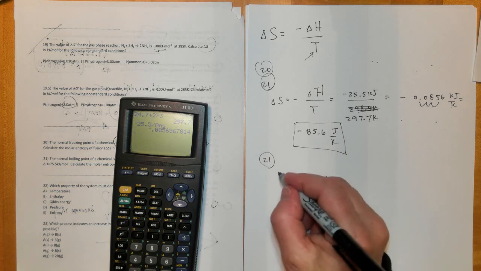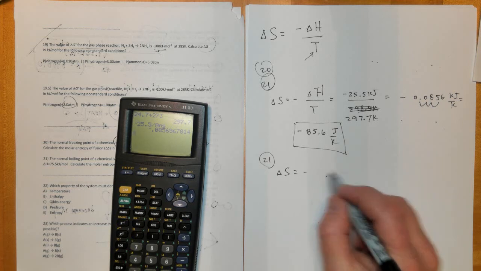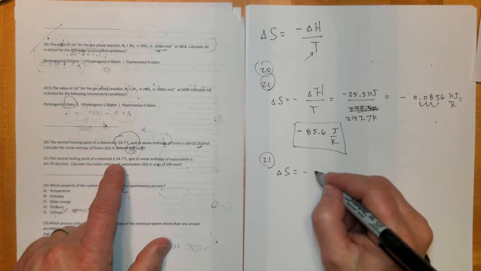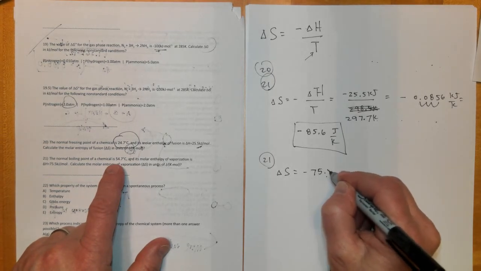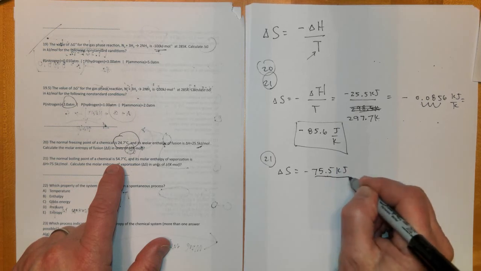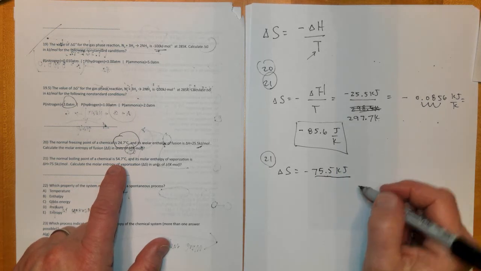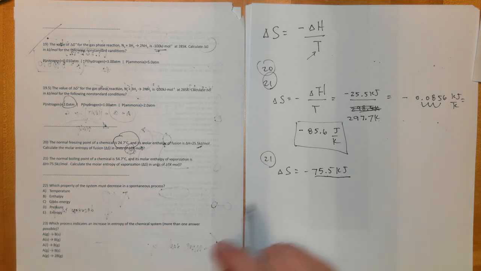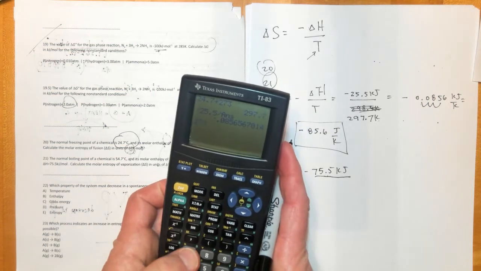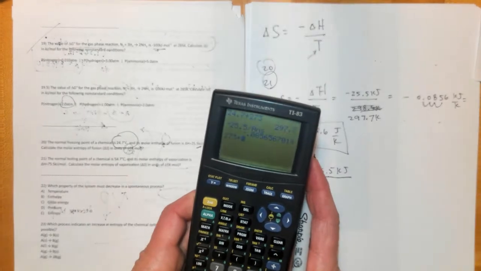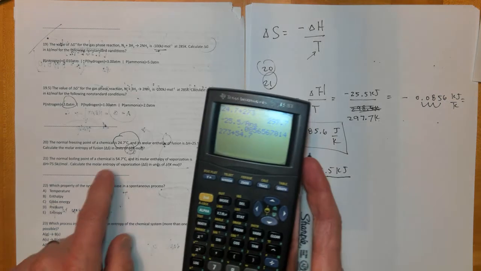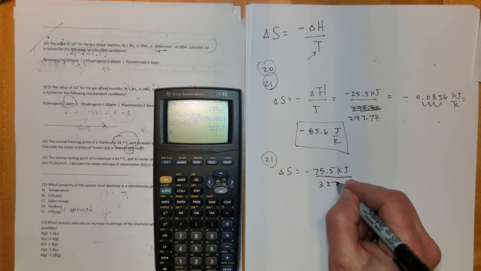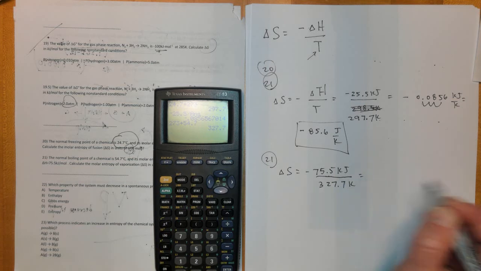For 21, delta S is calculated the same way, negative H divided by T, and in this case we have negative 75.5 kilojoules divided by 273 plus 54.7 for this temperature, so 327.7 Kelvin.